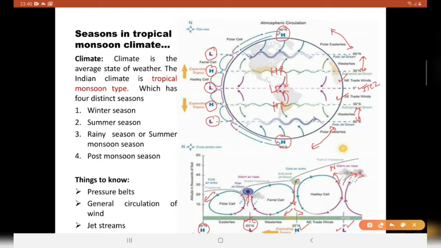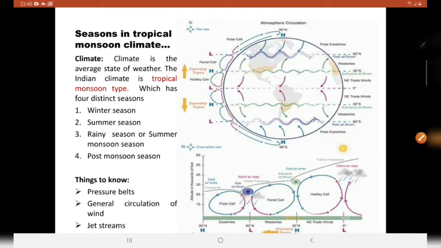Besides this, there are two permanent westerly jet streams in each hemisphere, and these westerly jet streams are the subtropical jet stream and polar jet streams, which are present at 20 to 30 degree and 60 to 65 degree latitudes.